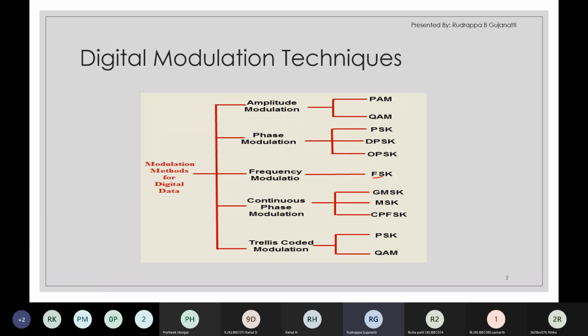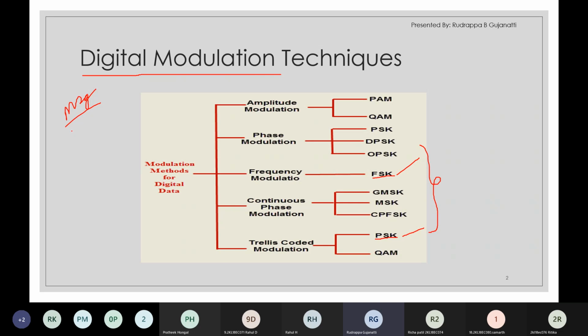We'll be referring to frequency shift keying and phase shift keying. These two are digital modulation techniques. Now, on what basis do we classify the modulation to be digital? It is dependent on the message signal, or the information.